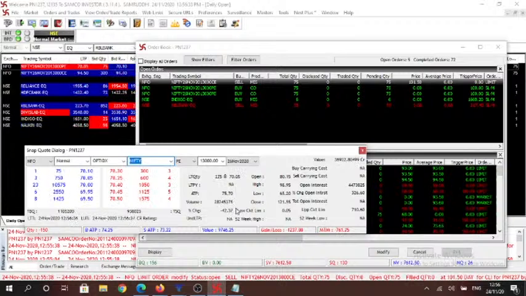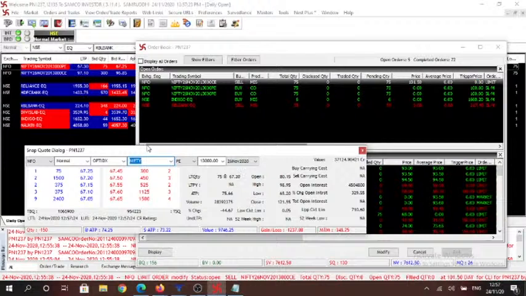Let's see if we break the lows now. Let's see.